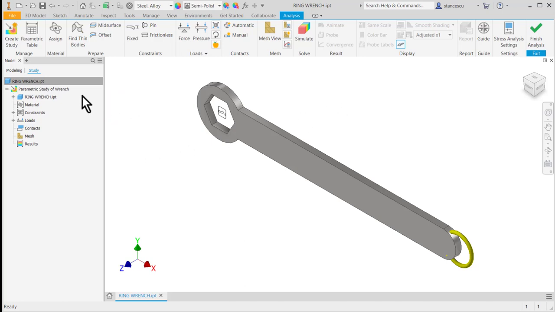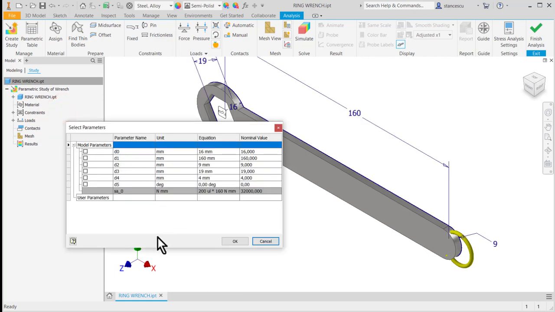Now we go to the ring wrench, right click, and we choose show parameters. The interesting parameter is D4, yes, the thickness of the part.